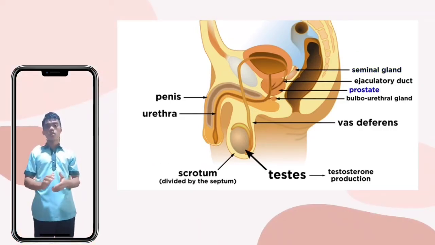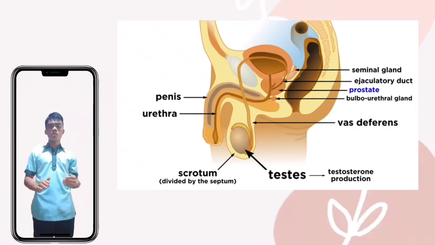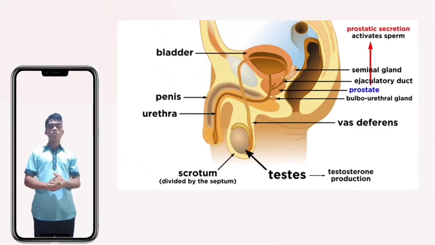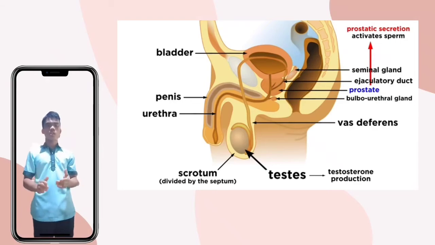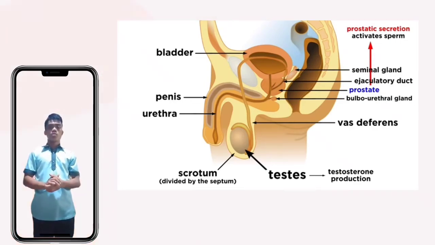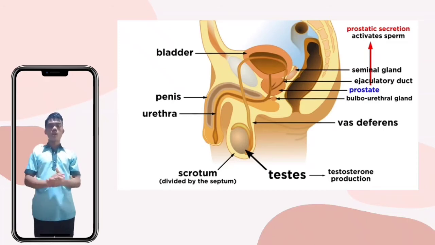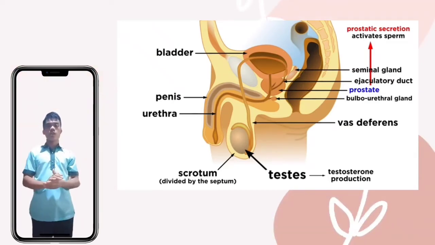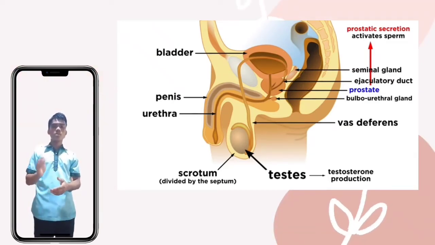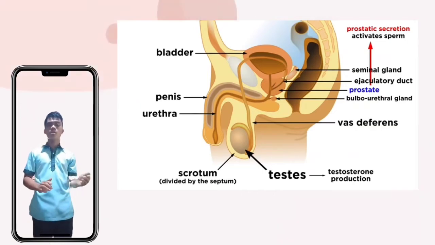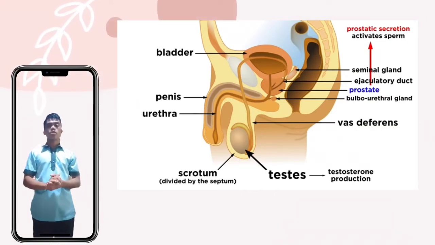The prostate is a small gland that encircles the urethra near the bladder. The purpose of the prostate is to contract during ejaculation in order to allow prostatic secretions to enter the urethra and join the ejaculate and activate the sperm.